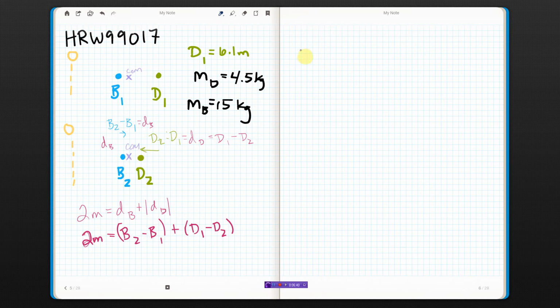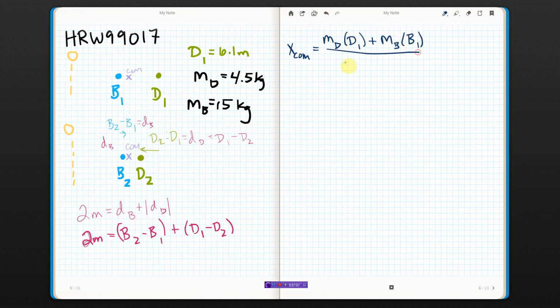For the first picture, the center of mass would be the mass of the dog times the position of the dog plus the mass of the boat times the position of the boat, divided by the mass of the dog plus the mass of the boat.